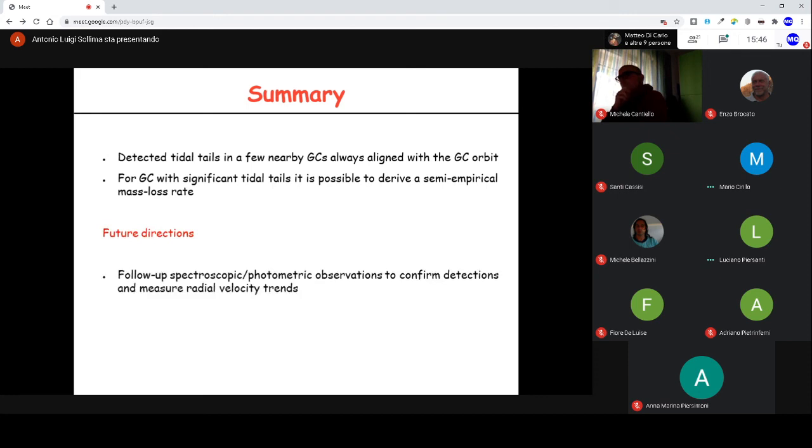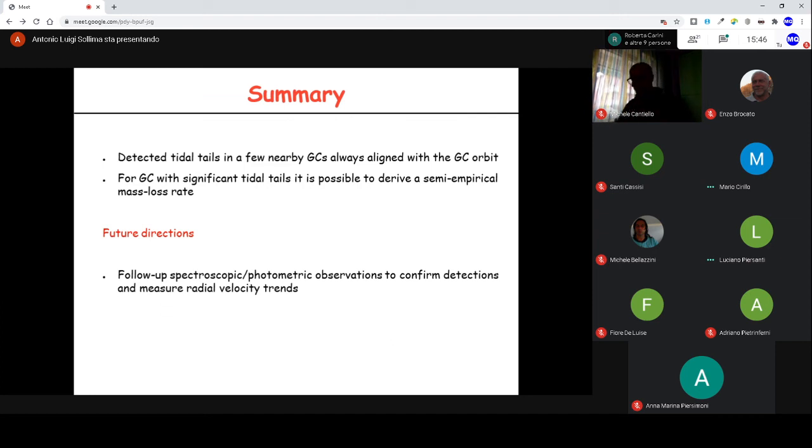The perspectives of this kind of study are, of course, to make follow-up observations of the clusters with a positive detection. One could think, for instance, to study the most distant clusters using deep photometric data to reach the main sequence, where you have much more information because you have much more contrast with respect to the cluster interlopers.